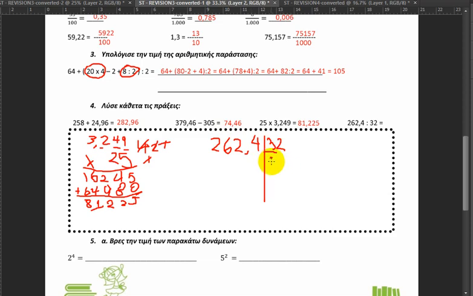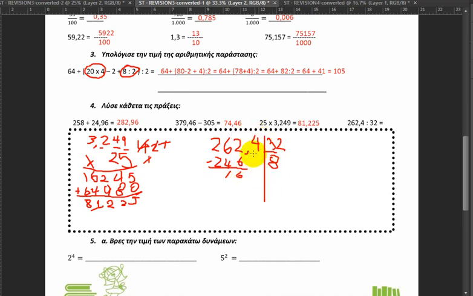How many times? I'm going to try 8. We'll see. This is going to give us what? All right, and this subtraction is going to give us 16, which is good. Yeah, 16 is less than 32.